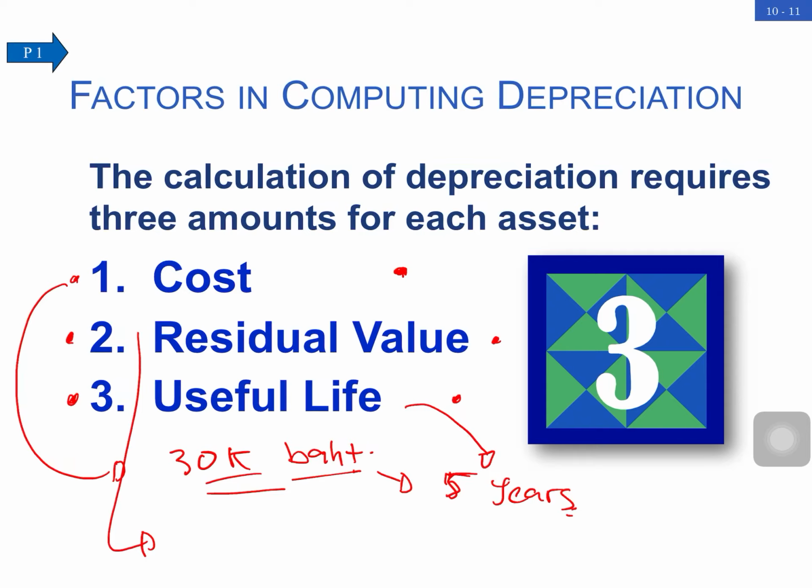So for example, you buy your computer today for 30,000 baht, and in 2025 you will not use it anymore because you expect to use it only for 5 years, and you predict someone wants to buy your computer as a second hand computer in 2025 for 5,000 baht maybe.